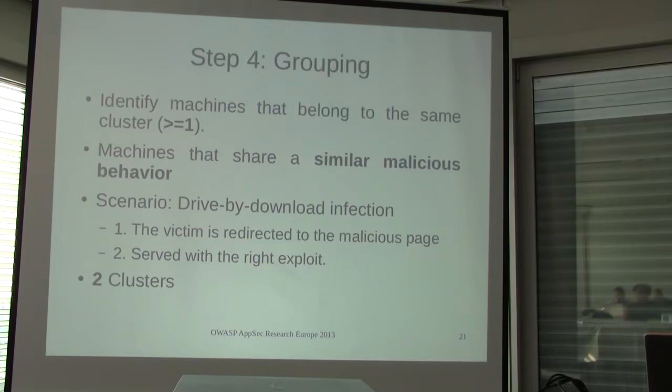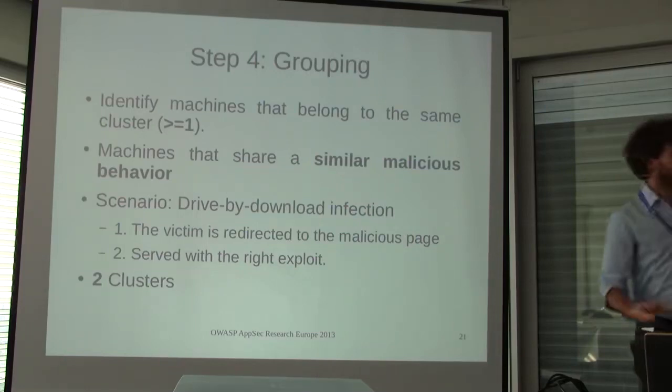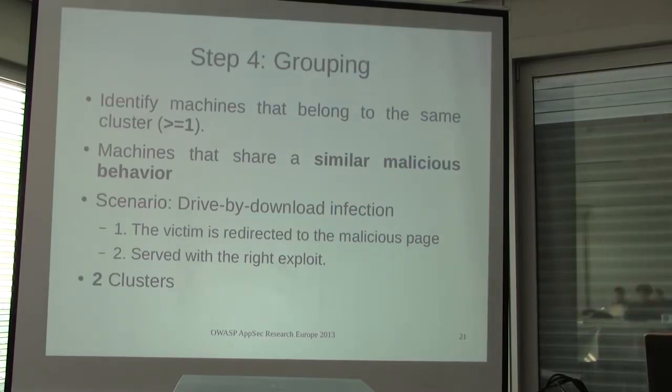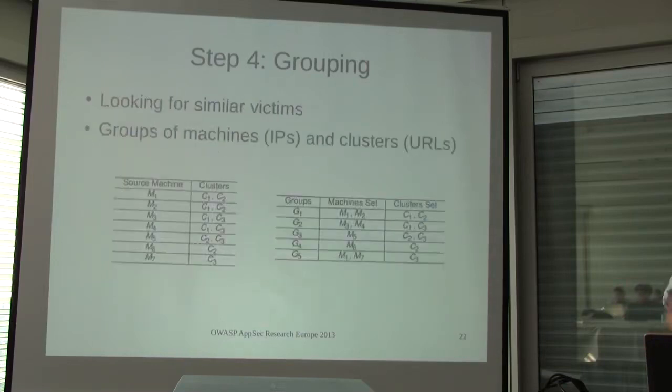So if the victim is reaching out with Internet Explorer, whatever version 8, you redirect to a page that contains an exploit for that browser. So in this scenario, this victim will belong to a cluster of pages related to the redirection, and the cluster of pages that serve that exploit. Okay, so that's the case where a machine belongs to multiple clusters.